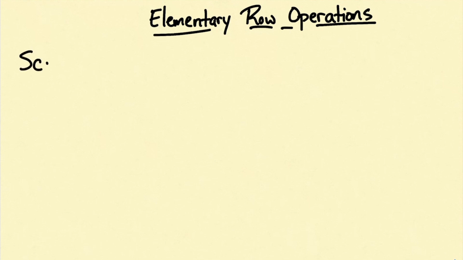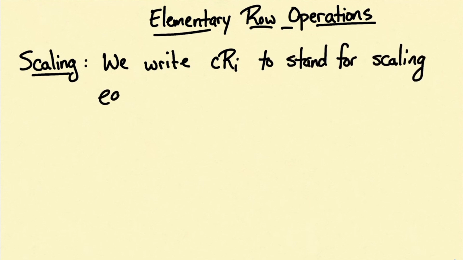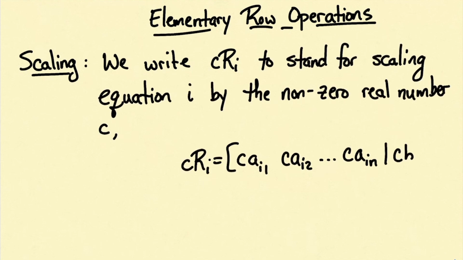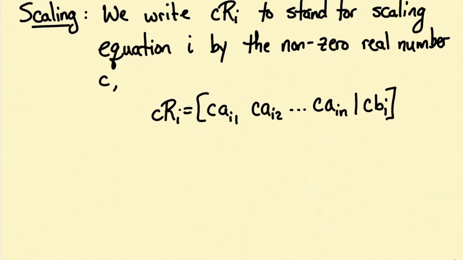The first one is scaling. When we scale an equation, we multiply each of the coefficients by a non-zero real number, as well as the term on the right-hand side. So when we scale a row, we multiply all of the entries in that row by a non-zero real number. Here's an example.